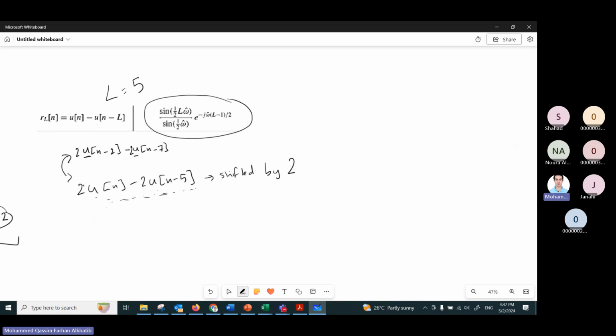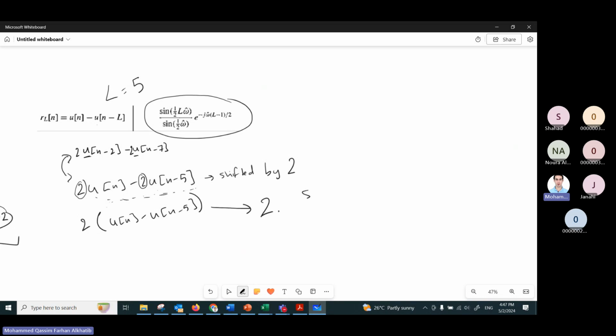And do not forget, there's a constant 2, there's another constant 2. So take it as a common factor: u of n minus u of n minus 5. Now this will lead to 2, a constant, multiplied by the same exact expression with L equal 5.